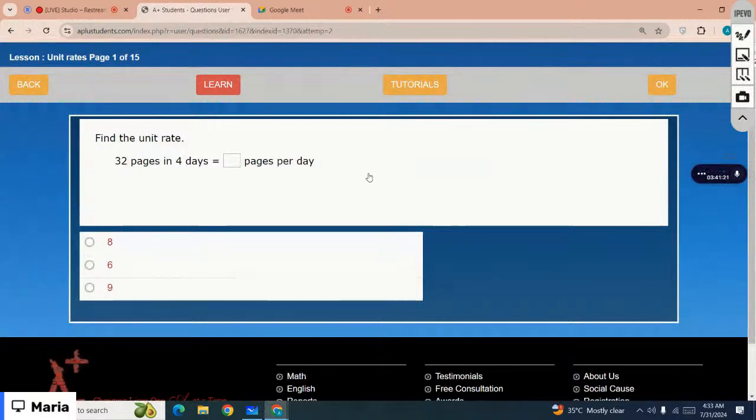So you have 8 pages a day. Yes, that is 8 pages per day. The correct answer is 8.